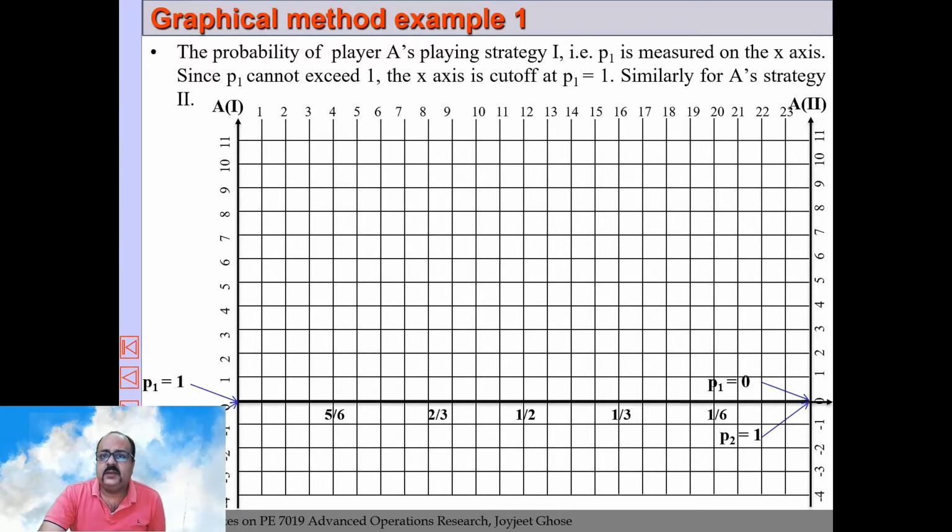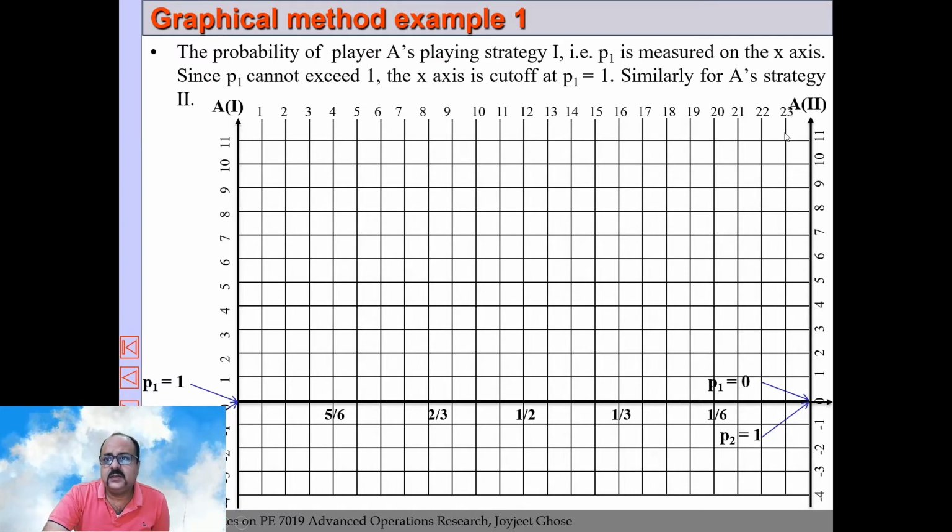Now we'll plot B's strategies on this graph paper. I have divided this into 24 segments, as you can see. If you move from here, this is the fourth one: 1, 2, 3, 4. 4 by 24 is 1 by 6. Then 4, 5, 6, 7, 8. 8 by 24 is 1 by 3. So these are all P1.